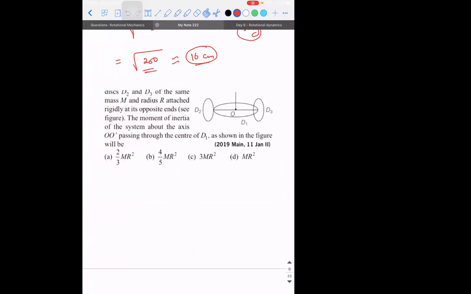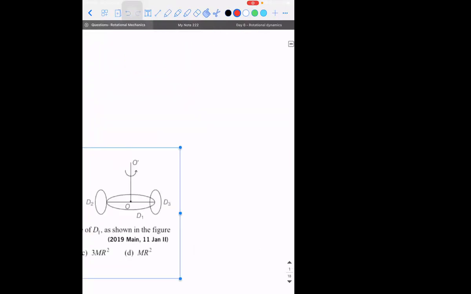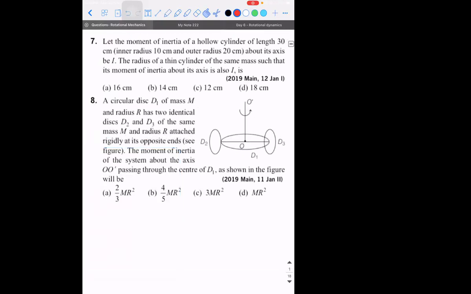So circular discs D2, I think there is some part missing. A circular disc D1 of mass capital M and radius R has two identical discs D2 and D3 of the same mass capital M and radius R attached rigidly at its opposite ends as shown in the figure. The moment of inertia of the system about the axis OO dash passing through the center of D1 as shown in the figure will be how much?